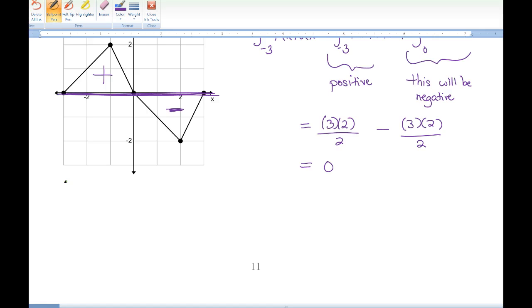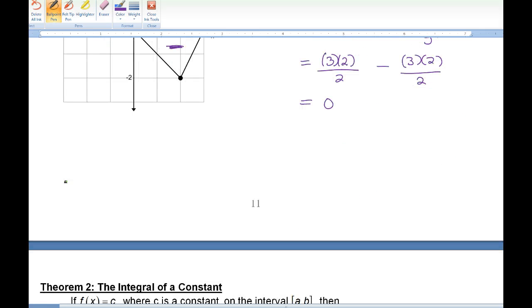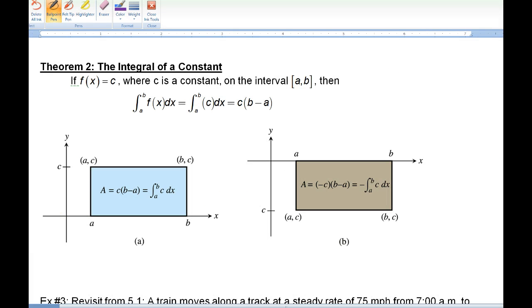Okay. So if you have a constant, right? You'll always have a rectangle.